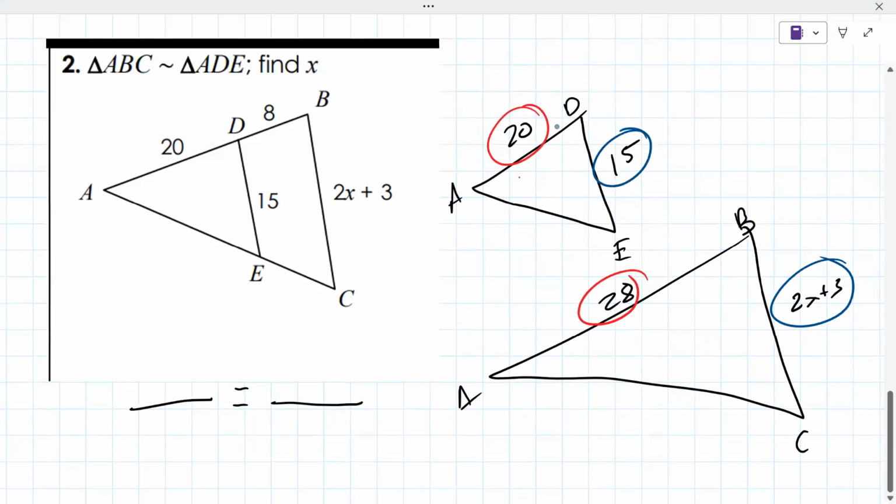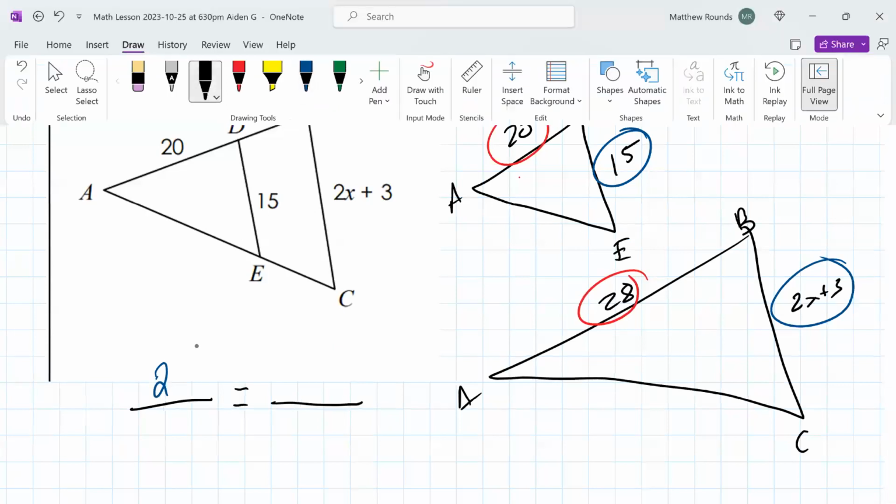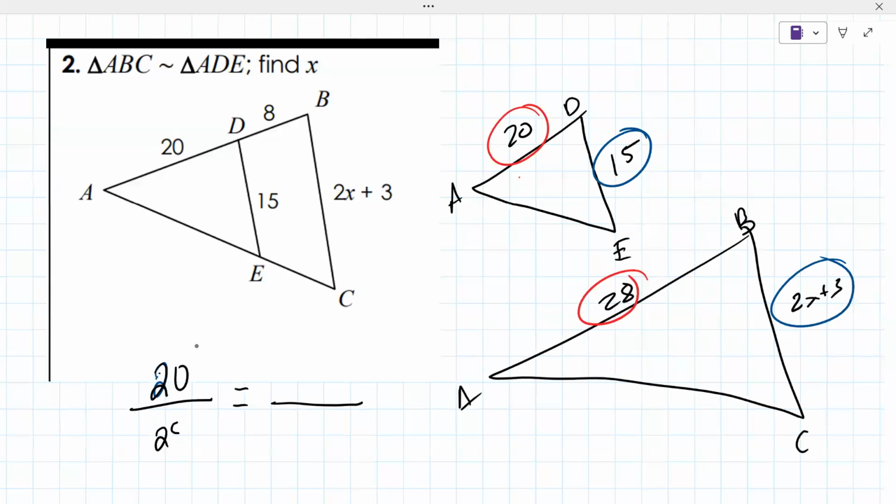Hopefully that's clear. The 20 goes with the 28 is the point. So then 15 goes with the 2x plus 3.